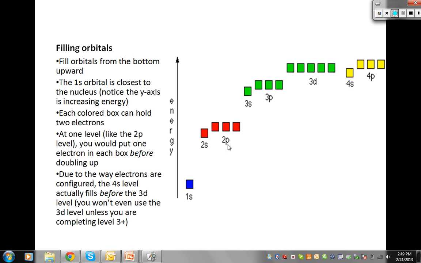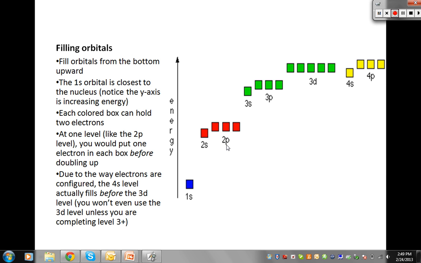P orbitals, I once had somebody say, I always thought they looked like dumbbells or figure eights, but somebody said, well, you can remember P because it looks like a peanut, like a full peanut in its shell. But D orbitals, some of them are a little blobby, some of them look almost like donut rings. You can Google image orbitals if you're interested and see what these shapes look like, but I wouldn't stress about it either.